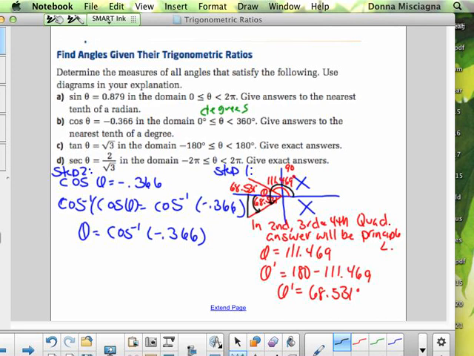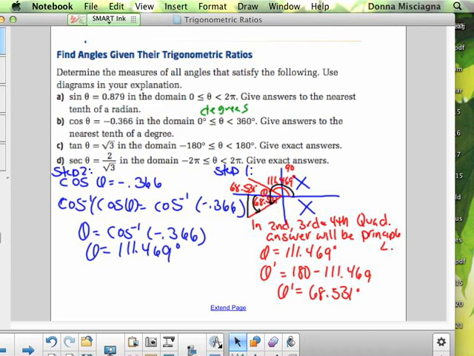So we've got one answer already, and I never wrote it down. One answer that we just put over there, which is 111.469 degrees.